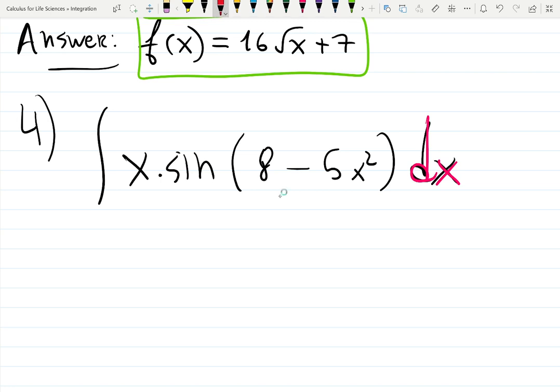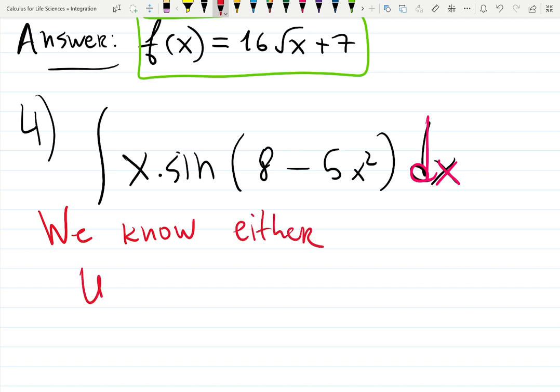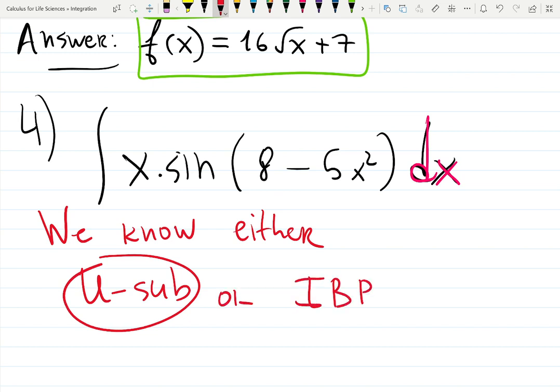Let me write it down. We only know either u sub, so you don't have lots of choices to think about, or integration by parts. So step 1, panic. Step 2, choose out of these 2. Just don't get stuck in the first step too much. Maybe try each and see how it goes.